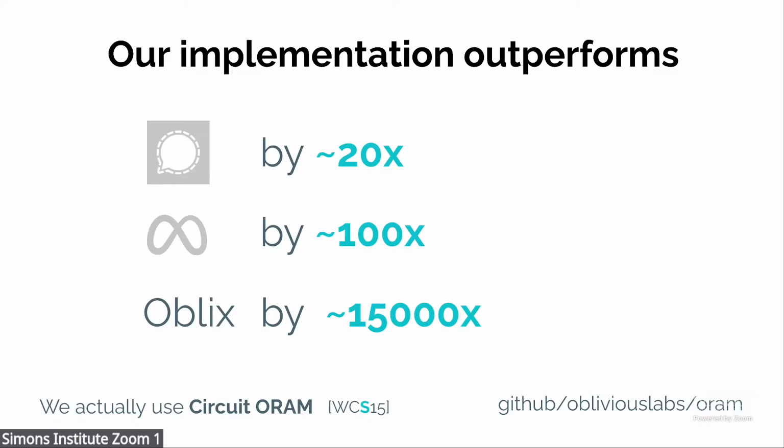If I ask you a priori, I'm writing a paper on the tree data structure, what is the percentage I can improve over the previous paper? It should be like 10%, right? But there's stuff you can do to improve the actual performance on real world architectures. So we are faster by 20x than Signal and by 100x in comparison with Meta.